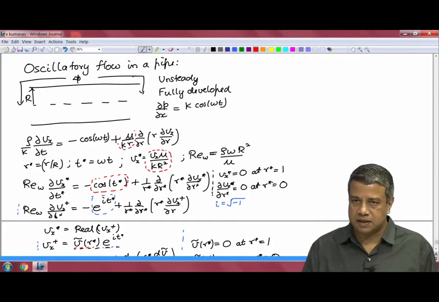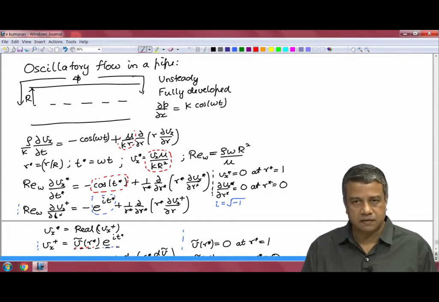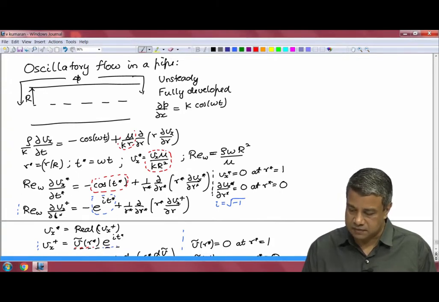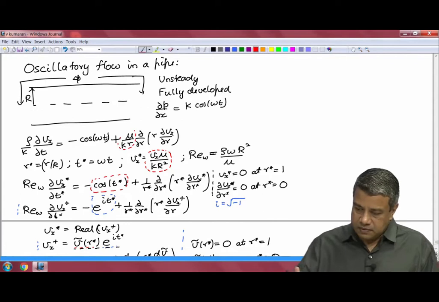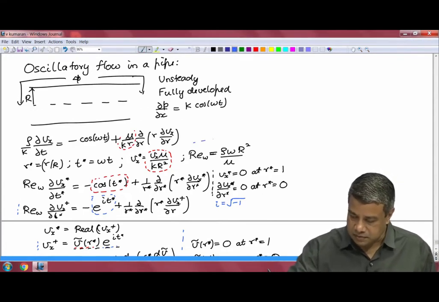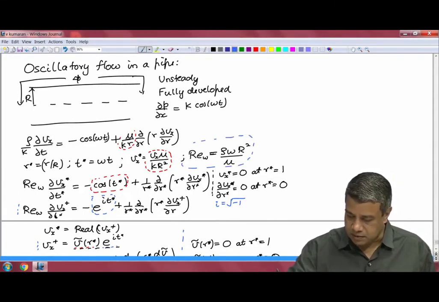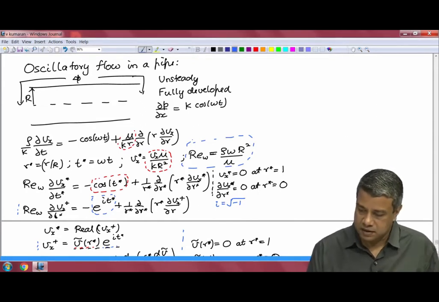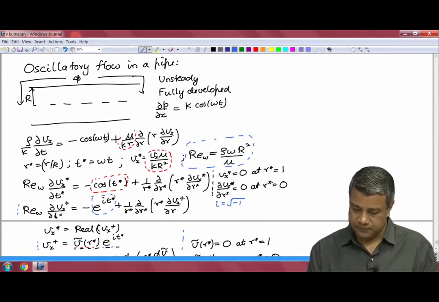So basically we are scaling time by the time period of the pressure perturbations, and we scaled the distance from the axis by the radius of the pipe. From that we got one parameter, which is the Reynolds number, Re omega, based upon the frequency and the radius of the pipe.